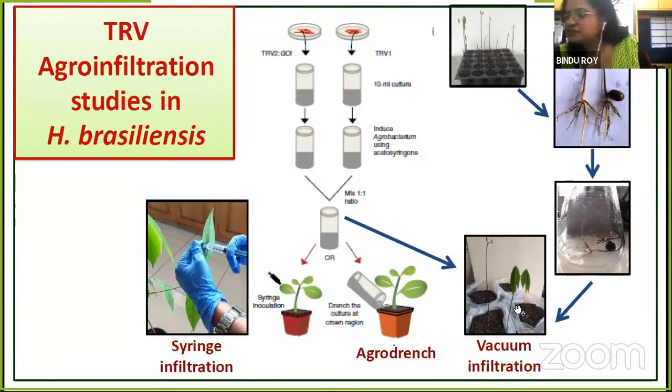One was the vacuum infiltration, wherein we grow it in a side arm conical flask, subject it to 600 mm pressure, and then vacuum infiltrate. For agro-drenching, we drench the vermiculite or the soil substance with the agrobacterium culture. And for syringe infiltration, we directly take the syringe with the agrobacterium-laden culture and infiltrate using the syringe.